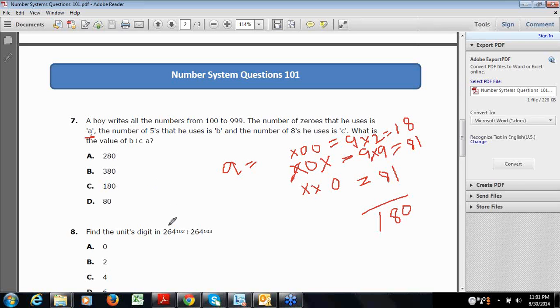Okay, shall I move ahead? Okay guys, so X is 180. A is 180. We have got A as 180.